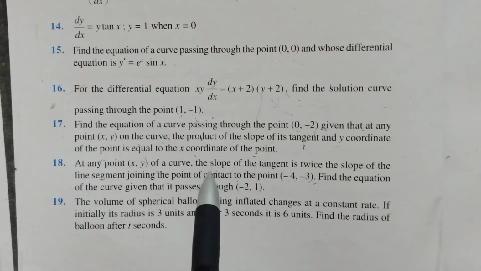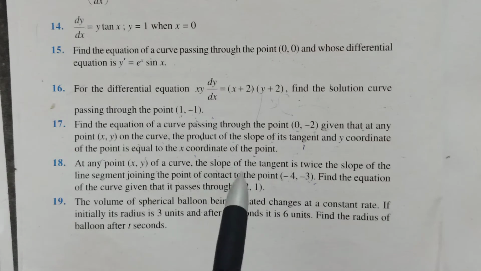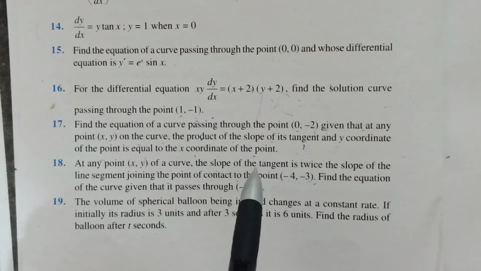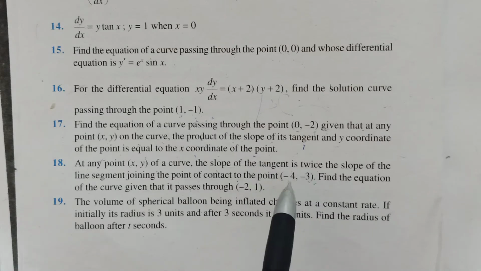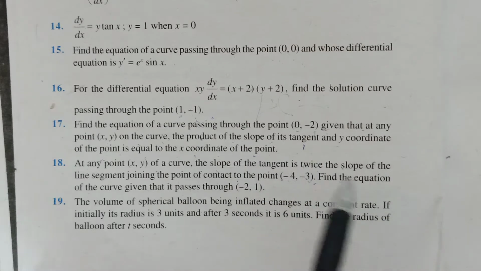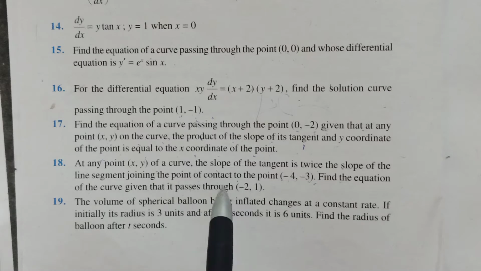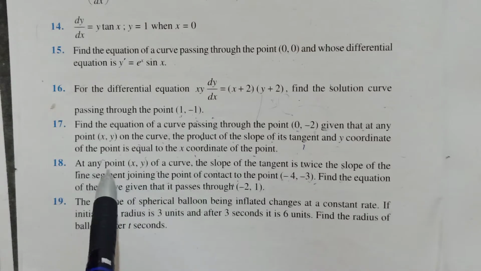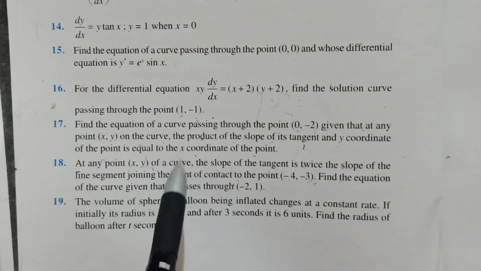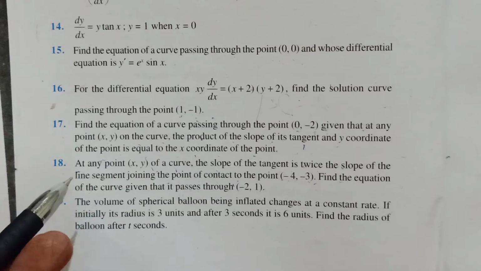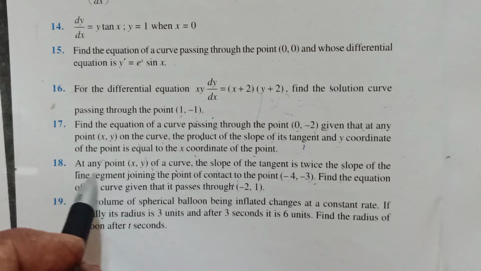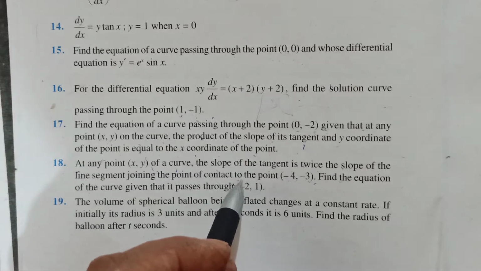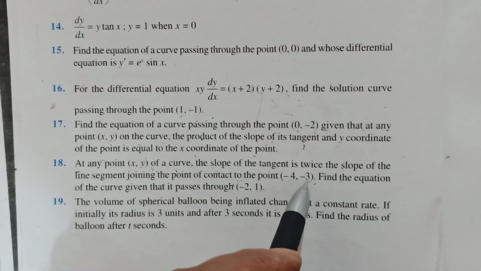Okay, so as he said slope of tangent, dy by dx has come. Okay, so dy by dx is twice, means is equal to 2 times slope of line segment joining the point of contact. So the point of contact we don't know in general, or he has mentioned here at any point x comma y, so we'll take the point of contact as x comma y, right?